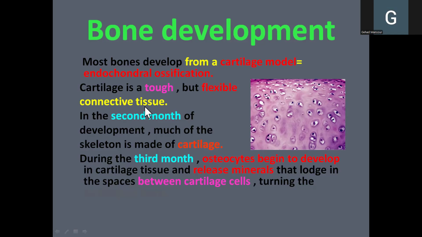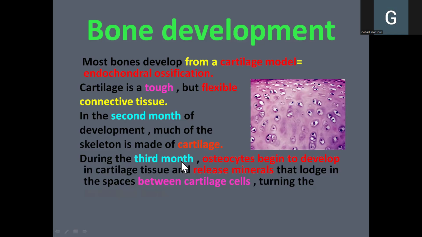So actually, cartilage is one type of connective tissue, but a specific type of connective tissue that is tough and flexible. During intrauterine life, when you are still in the uterus of your mother, and during the second month of intrauterine life, much of your skeleton is made up of a cartilaginous model.